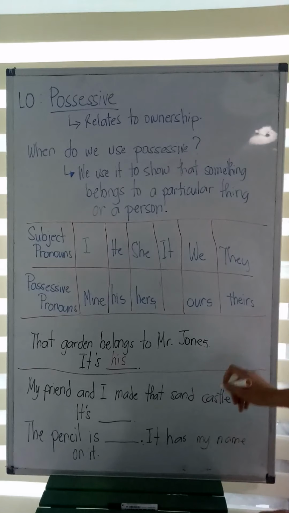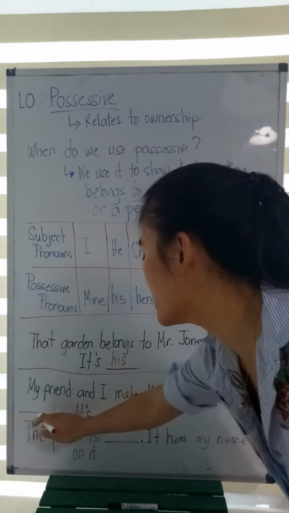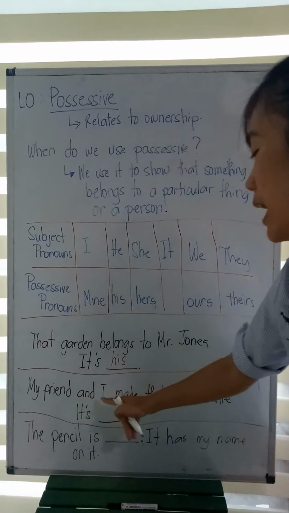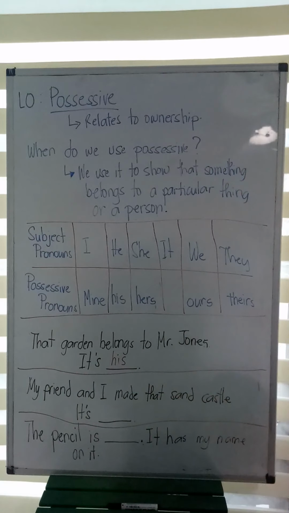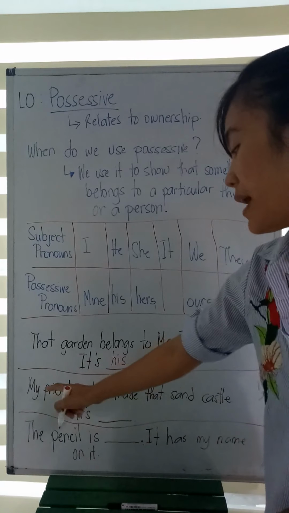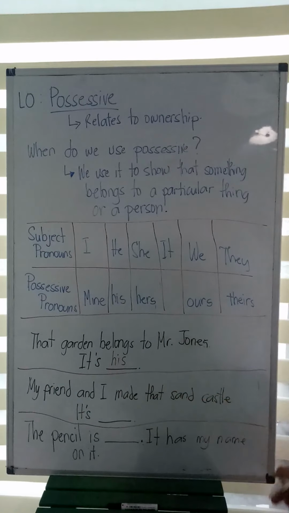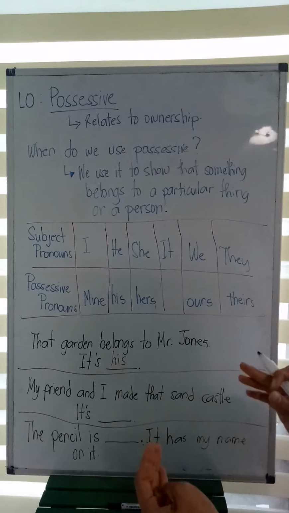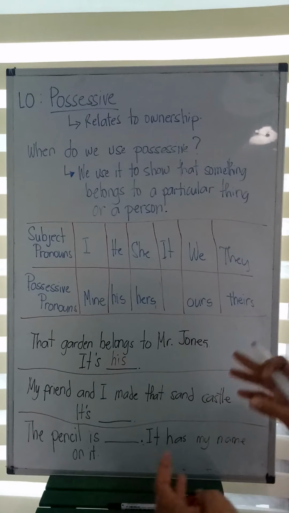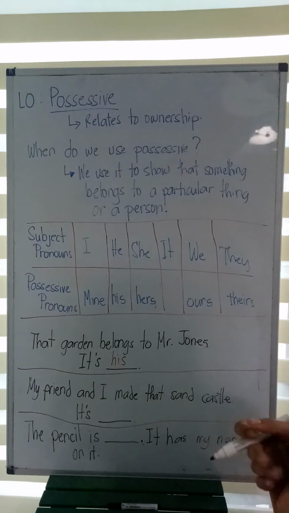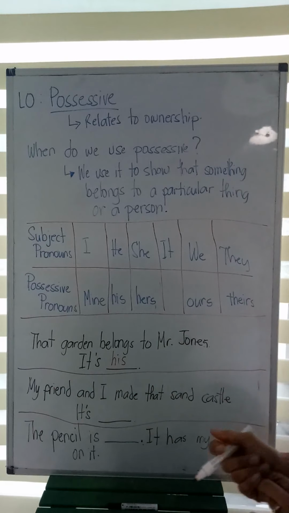Now, let's look at the second sentence. My friend and I made that sand castle. It's blank. So, who made the sand castle? My friend and I. If we are going to use a pronoun to replace my friend and I, which subject pronoun are we going to use?